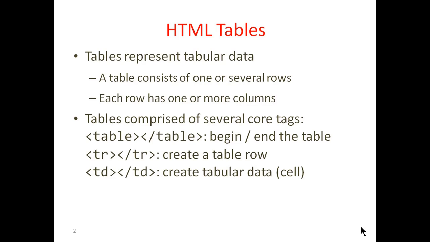The first name record is a single cell. Then the second is the address, which will be a single cell. This cell is formed using td. So td is used to form a cell in an HTML table. Keep this in mind.